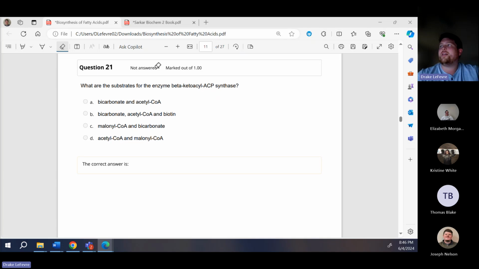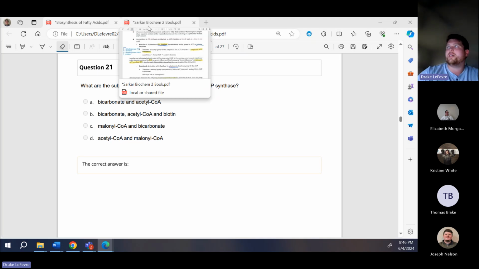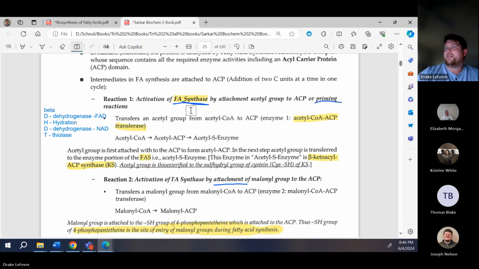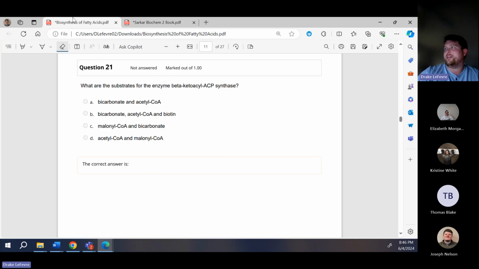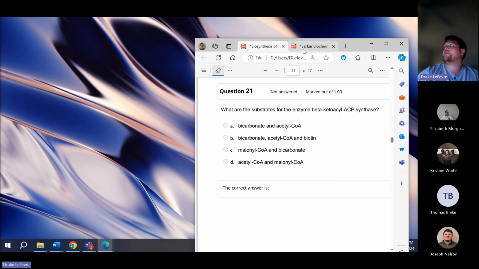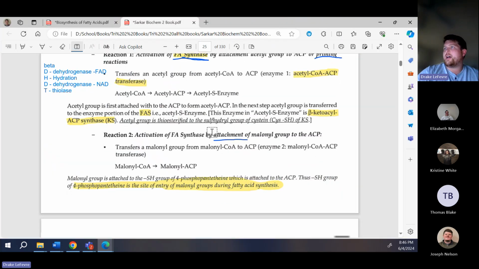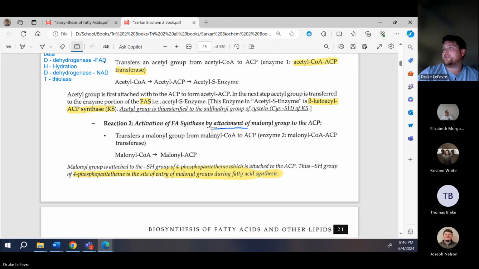Substrates for the enzyme beta-keto acyl ACP synthase. Let me look. It's going to be in here somewhere. The beta-keto acyl ACP synthase.